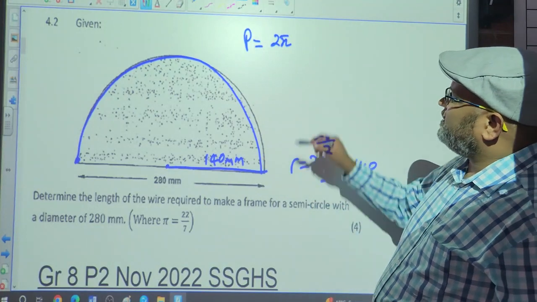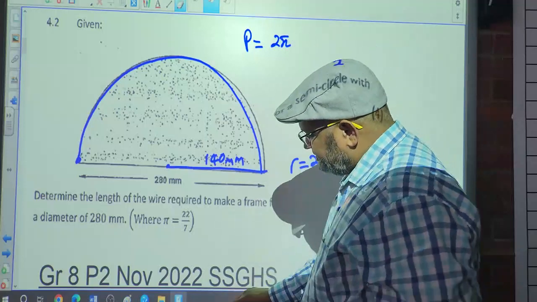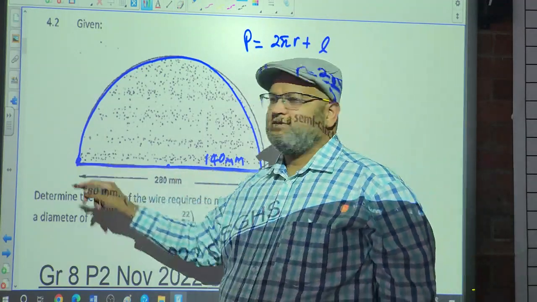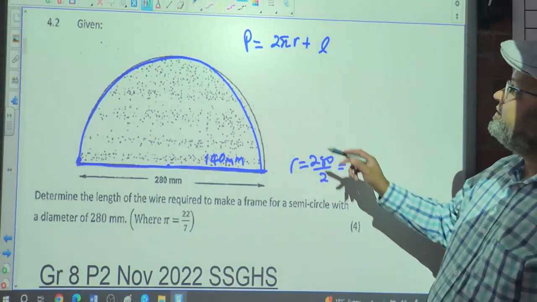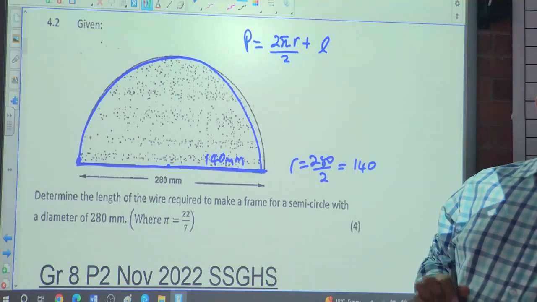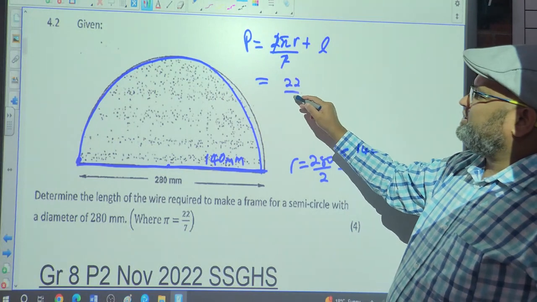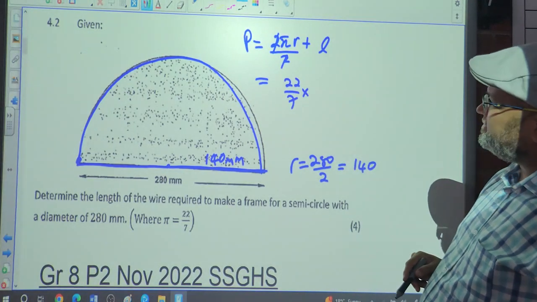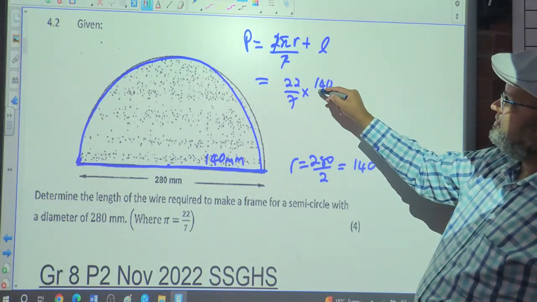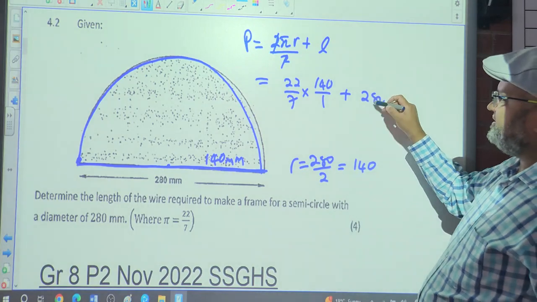Okay, so it's going to be 2 pi r plus this length on this. But I must divide this by 2. Why? Semicircle. So of course that cancels. So what is pi? 22/7 multiplied by r, 140/1, plus the length of this is 280.